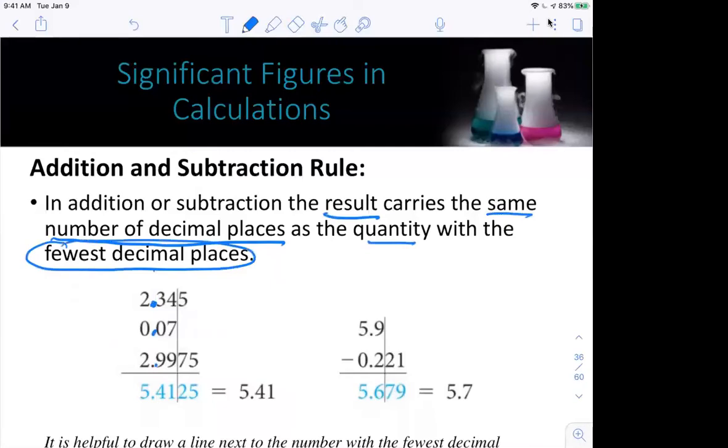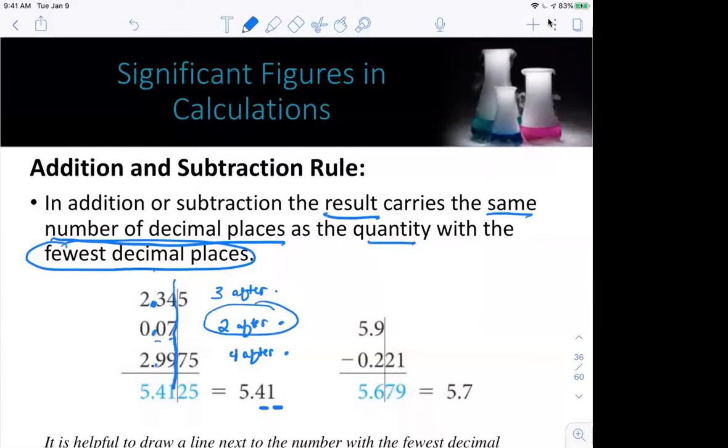So if I look at this adding, I've got 3 after the decimal place. I've got 2 after the decimal place. I've got 4 after the decimal place. So if I draw this line here, I want to get to that point. My answer is going to have 2 after the decimal place. That's because of this number here.